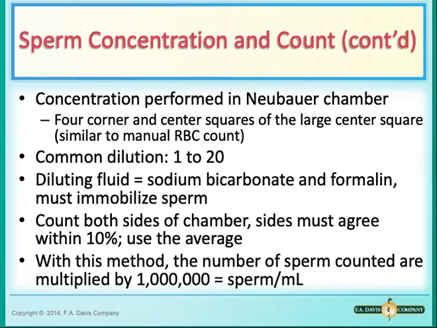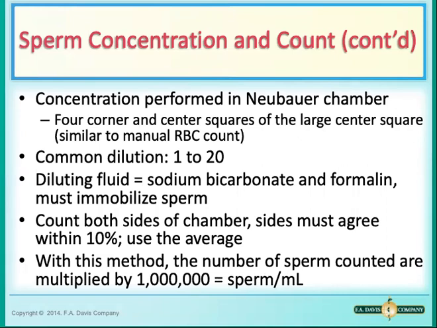A count greater than 1 million leukocytes per milliliter is considered abnormal, and that usually comes with inflammation or infection found in the reproductive organs that lead to infertility. Again, 1 million leukocytes per milliliter can be associated with inflammation or infection of the reproductive organs that can lead to infertility.